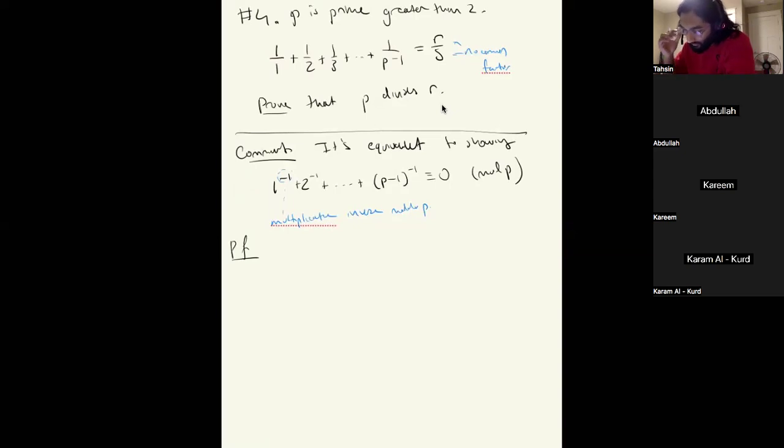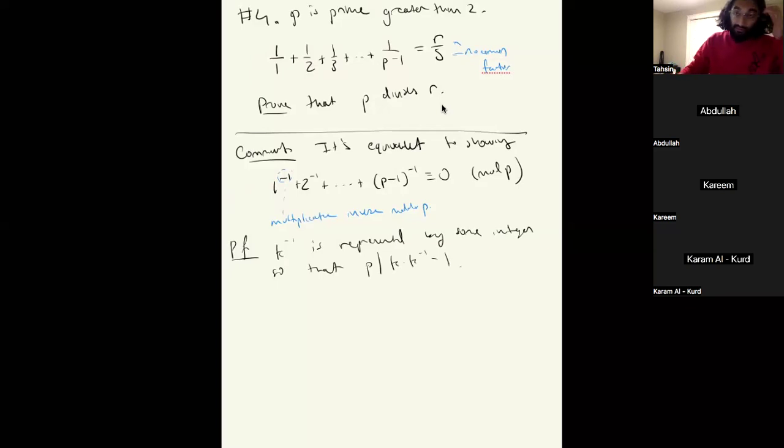So if you look at 1 over K versus K inverse, what is K inverse? K inverse is represented by some integer so that P divides K times K inverse minus 1, right?